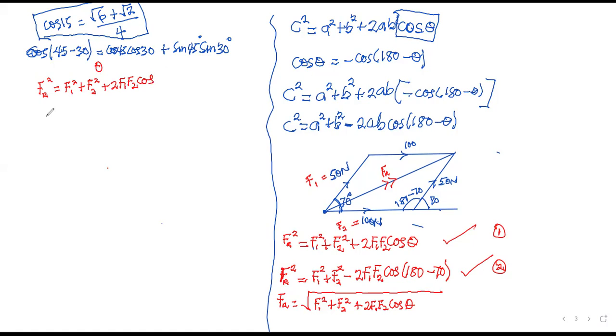If you want to use the corresponding acute angle, cos of 180 minus theta, it will be FR squared equals F1 squared plus F2 squared, the plus will change to minus, 2F1F2 cos of 180 minus theta. That is all.